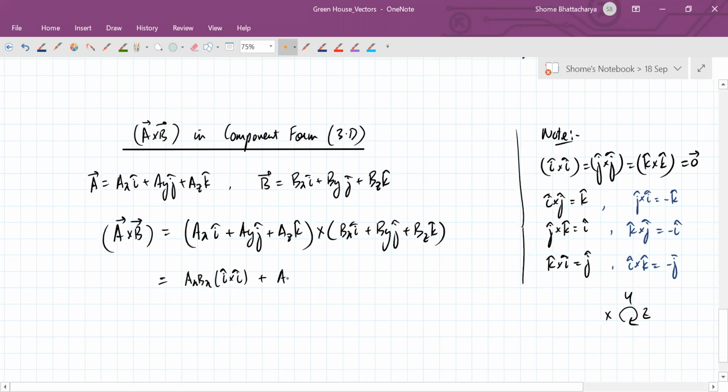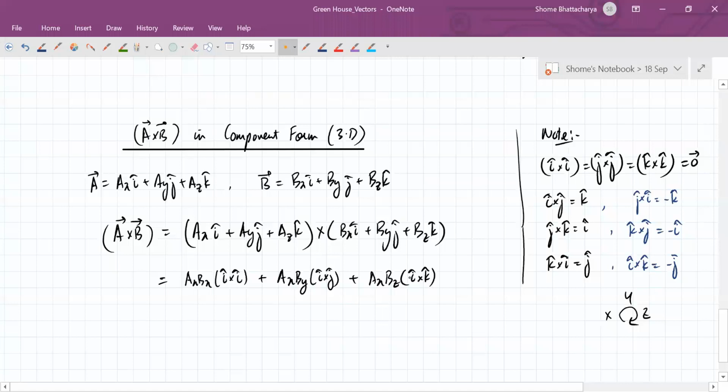Then you'll have AX BY, first and second, so that will be I cross J. This will be your first non-zero term: I cross J is K cap. Then similarly you have first and third, so that is I cross K, which is replaced with minus J.